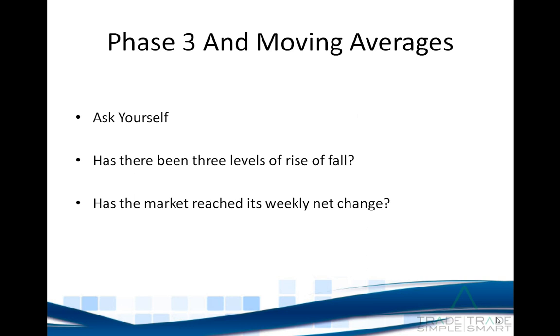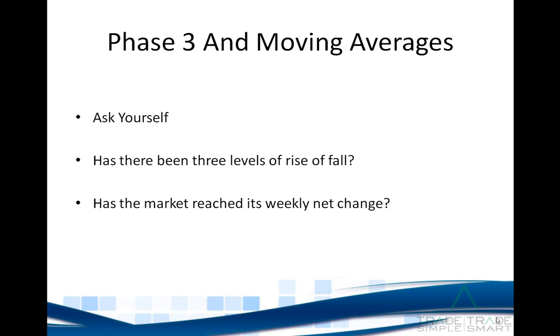Once we see this behavior within the moving averages, you should always ask yourself, has there been 3 levels of rise or fall? Once you witness this narrow separation and multiple crossing of the moving averages, we're going to count backwards and look to see if there are 3 levels of rise or fall. Also, if we have witnessed this after just 2 levels of rise or fall, we're going to want to check the average weekly range of the market in which we are trading.